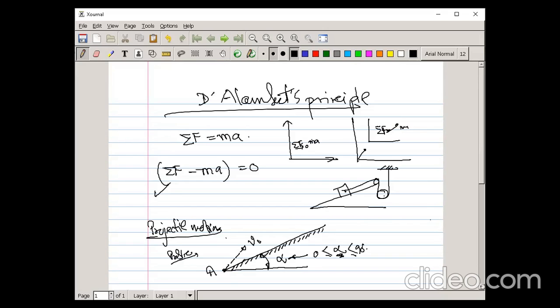They said to evaluate the result for alpha equal to 0 degrees, 30 degrees and 60 degrees. You have to find this. If this is your projectile motion, this is your range. If we consider this as B, this one is theta as per the question.